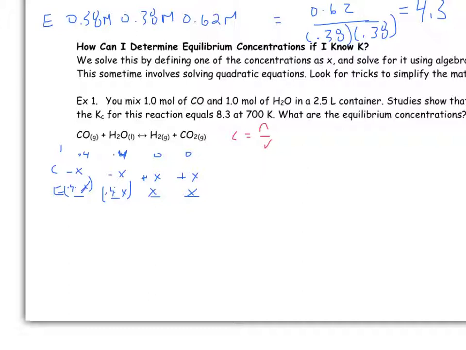Now let's write our equilibrium expression. It's going to be the concentration of the products raised to their coefficients divided by the concentration of the reactants raised to their coefficients. And my question tells me that that equals 8.3.